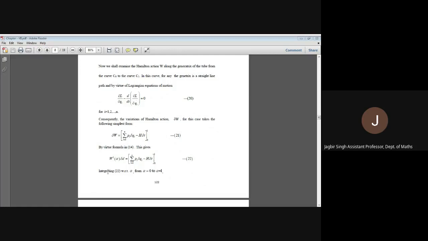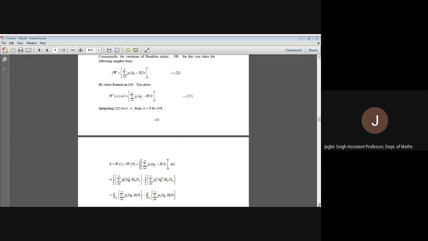And now integrating with respect to alpha from 0 to L, on the left hand side, it will be a derivative and then its integration. So it will be W_L minus W_0. Why it is 0? We will discuss it.